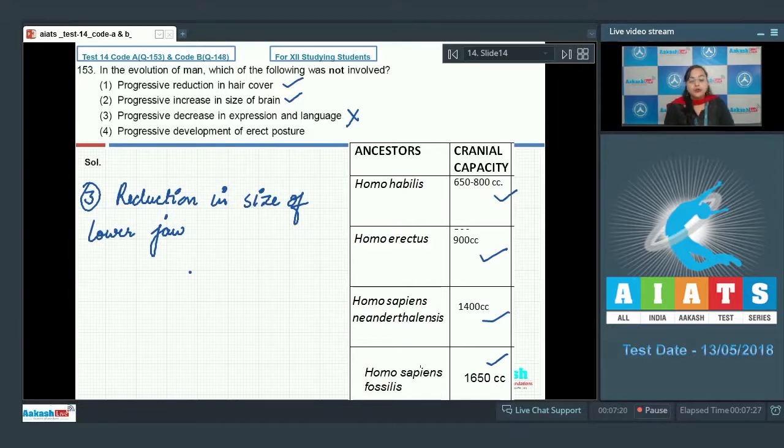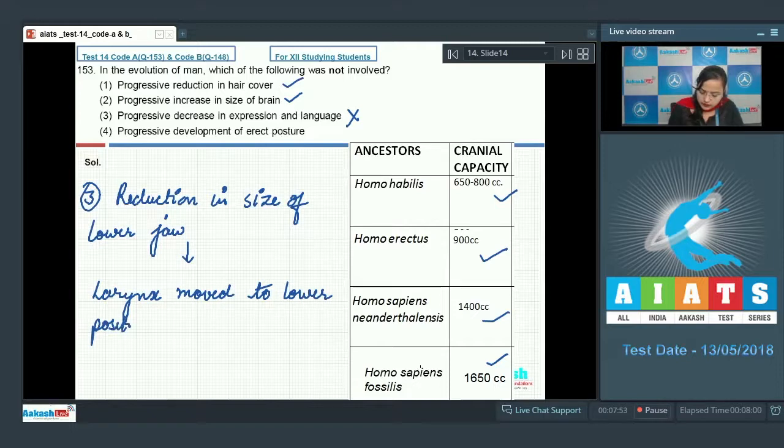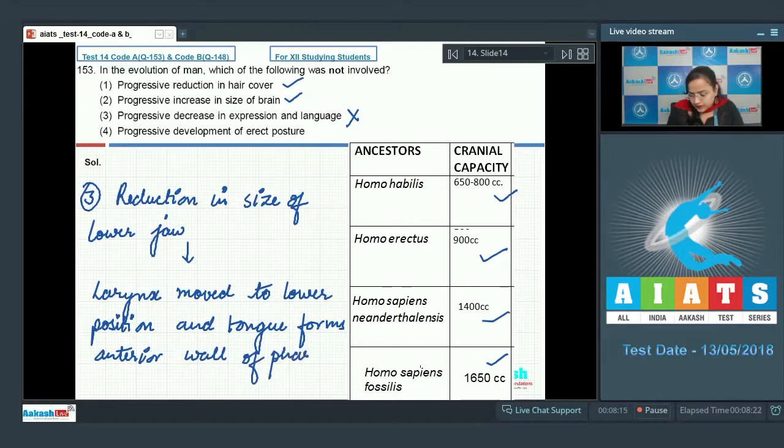As there is transformation of jaws from prognathous to orthognathous, there is reduction in size of the lower jaw, and due to this reduction, the larynx moved to a lower position and the tongue forms the anterior wall of the pharynx, and this enables humans to enunciate various vowels and syllables by positioning the tongue between mouth and pharynx. So option 3 is incorrect regarding human evolution.